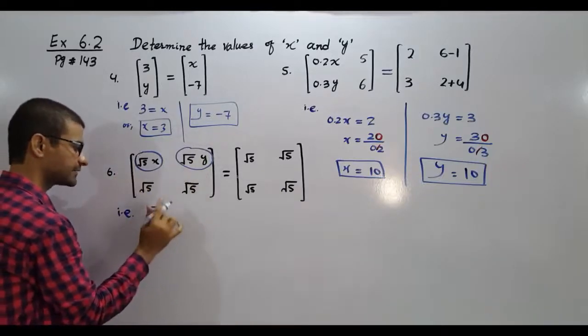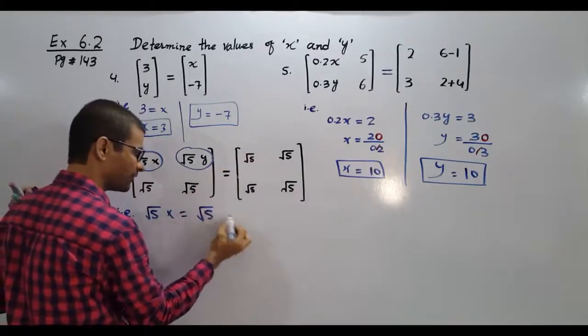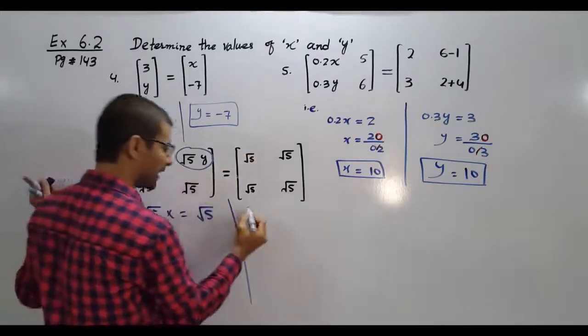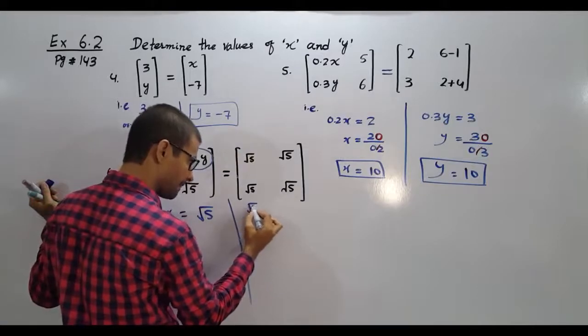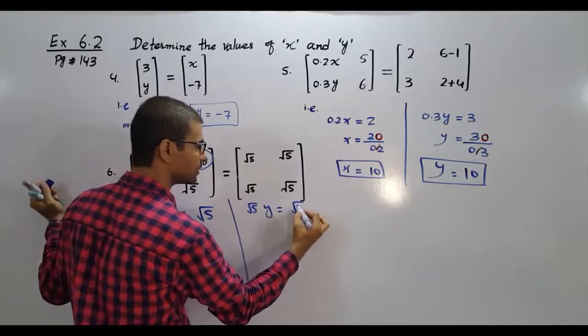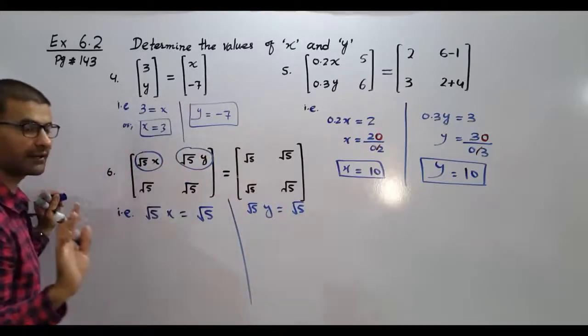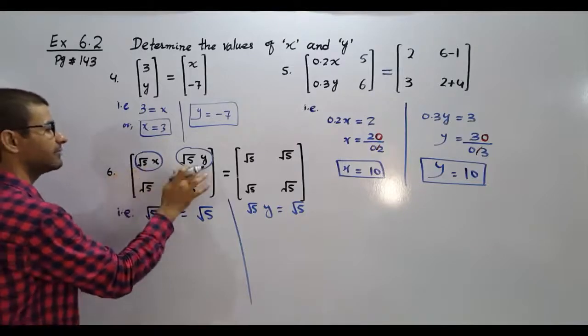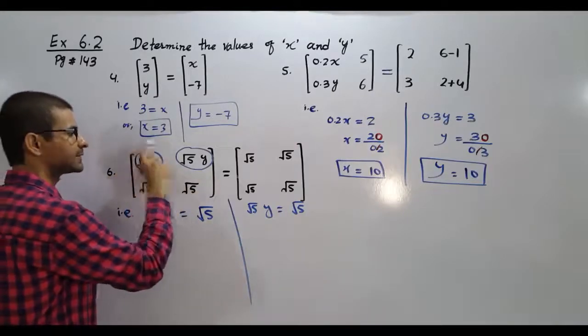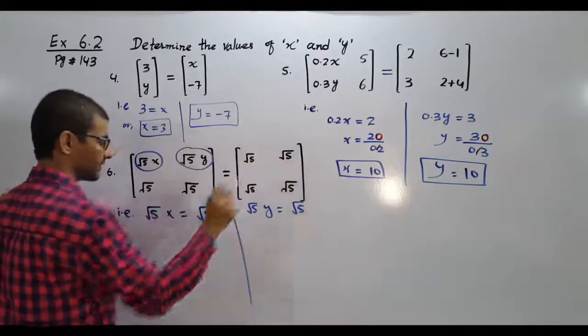Root 5x is equal to root 5. Root 5y is equal to root 5. We have to find x and y, so that's why I'm equating this with this term, and this with this term.